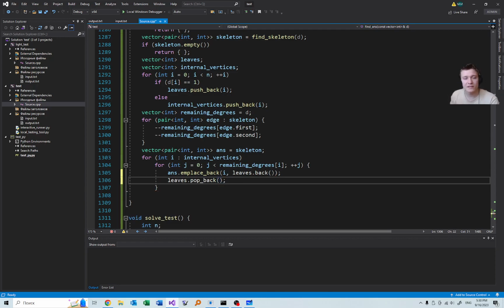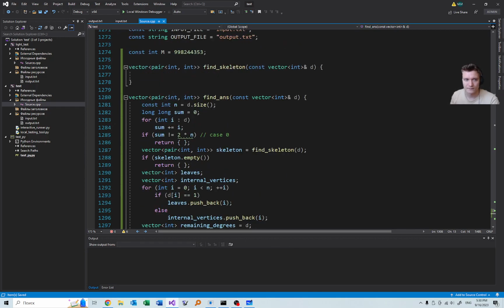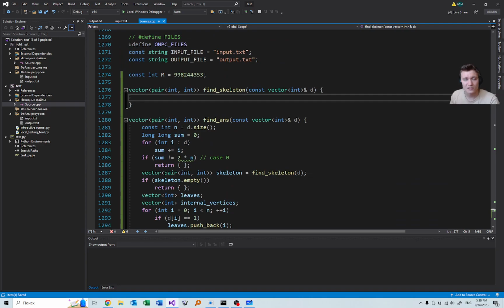So we work with leaves as if it is a stack, where we can look at the topmost element and remove it. So here we did it. After that, we just return ants. So here we do not have any leaves or something.